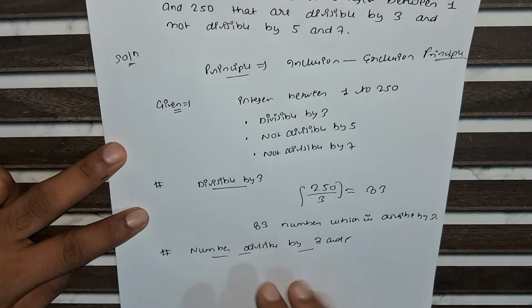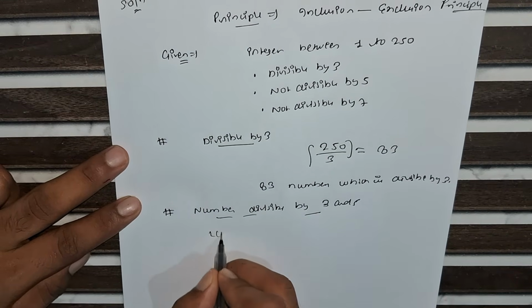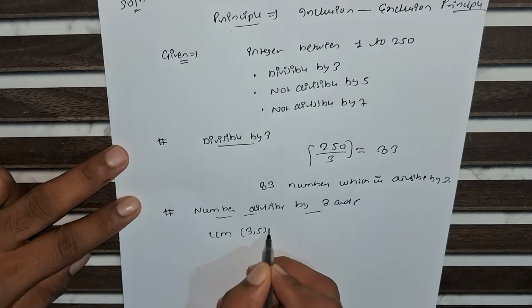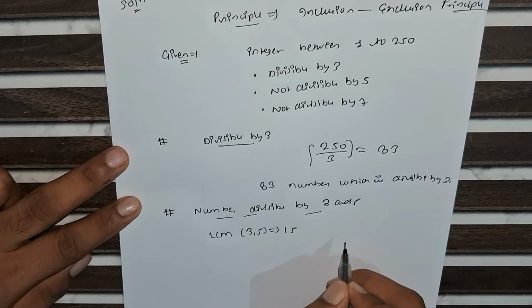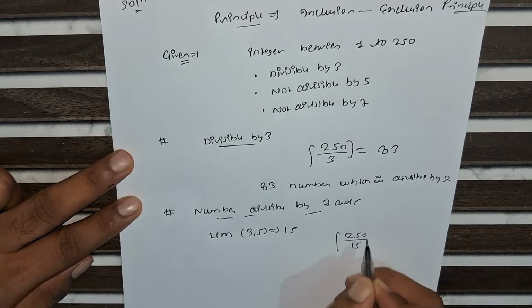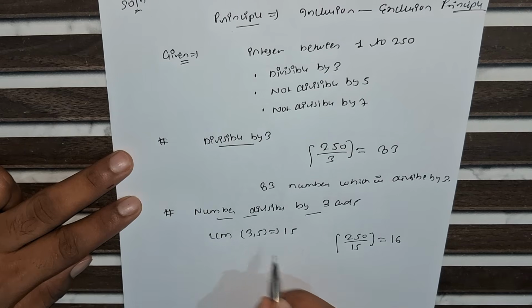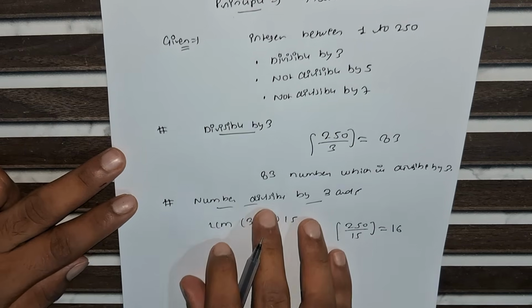So how can we find the numbers which are divisible by 3 and 5? For that we have to take the LCM of 3 and 5, which is nothing but 15. So 250 divided by 15, when you solve you will get 16. So these are the numbers which are divisible by 3 and 5 between 1 to 250.